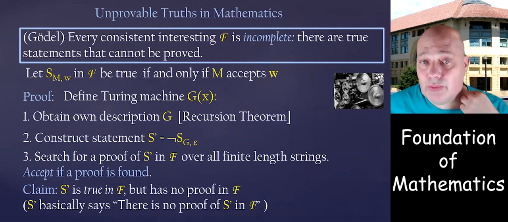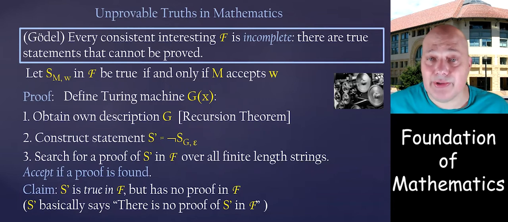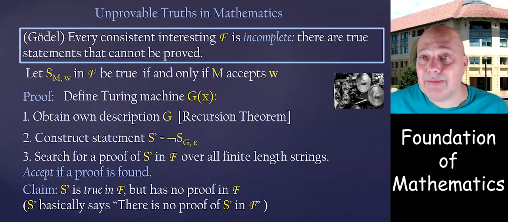S_{G,ε} is true, right? S prime is the negation of S_{G,ε}. And S_{G,ε} means that G accepts the empty string. What does it mean that G accepts the empty string? For G to accept, it has to find a proof of S prime. That's the only way it accepts. It means that S prime is true, and it means differently that it didn't accept.